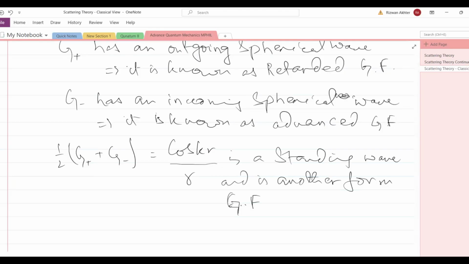Now we will have two types of solution. One will correspond to plus and one will correspond to minus, and we will represent them by psi plus and psi minus. Therefore, now we will have two solutions.